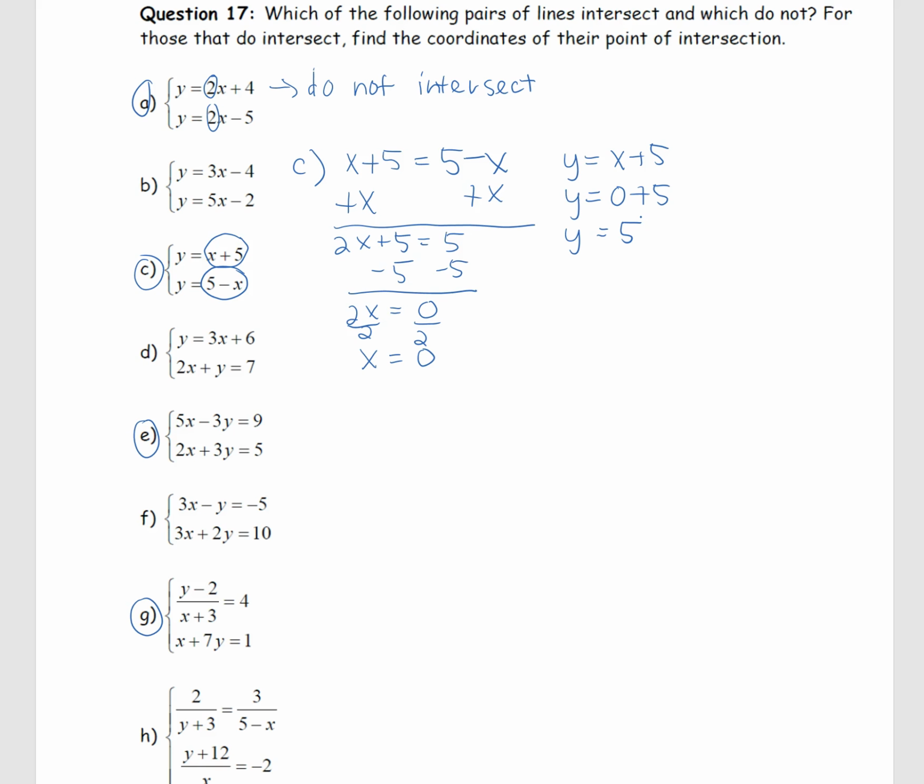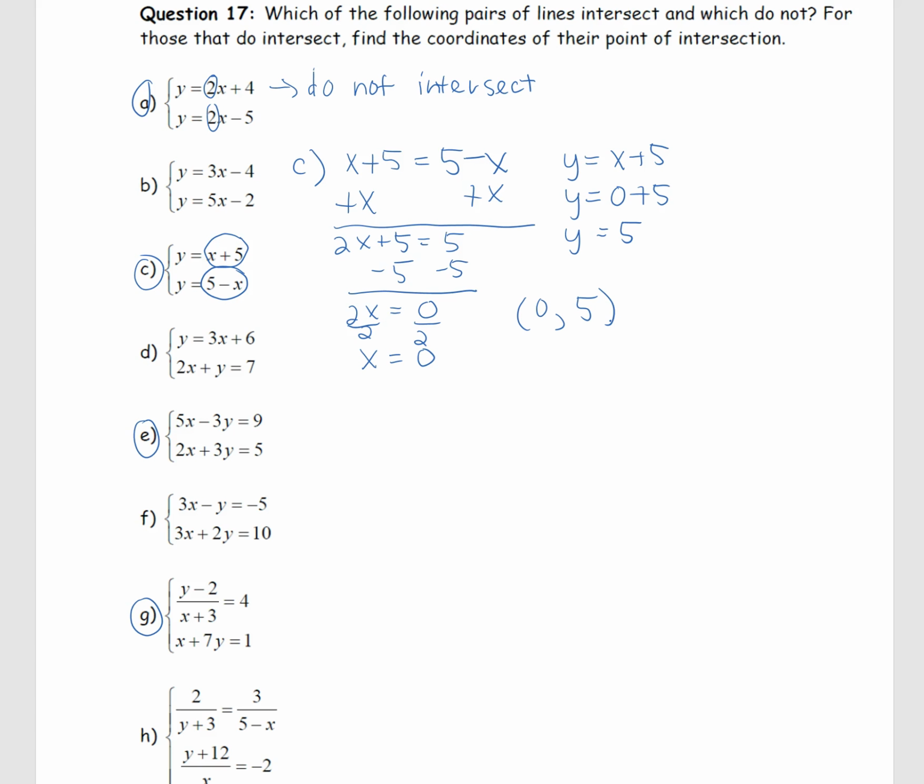To check this, it's a good idea to plug these values into the other equation. Just for time's sake, I'm going to leave it at that. So for part C, my answer is that the coordinates of their point of intersection are at x equals 0 and y equals 5.